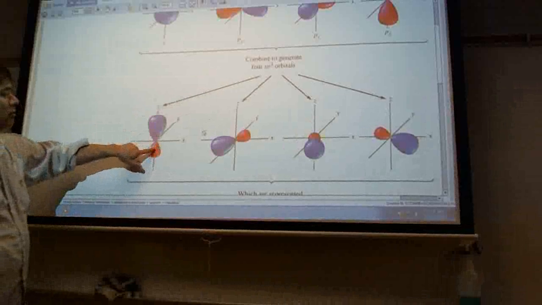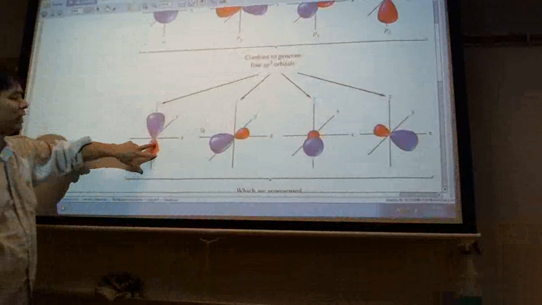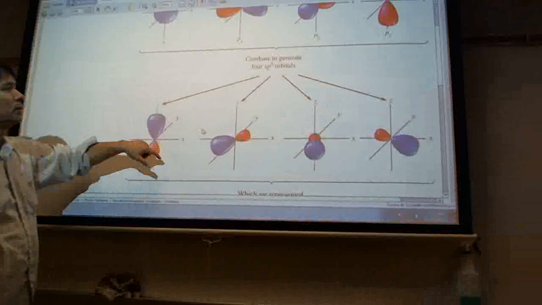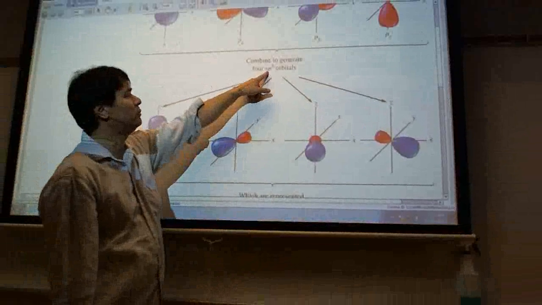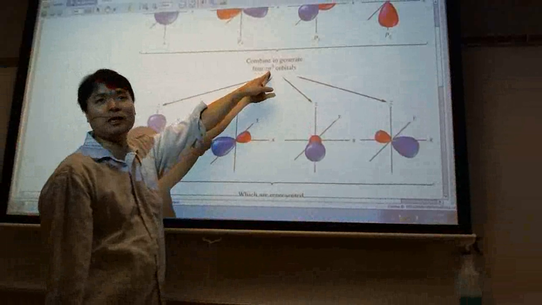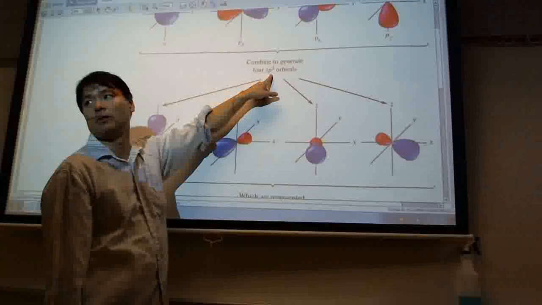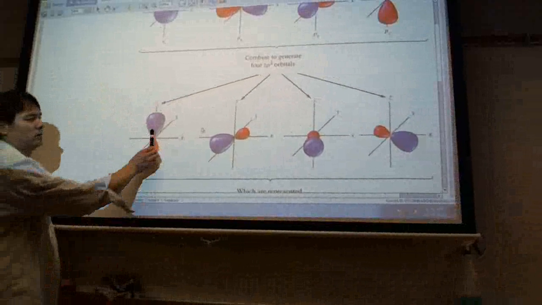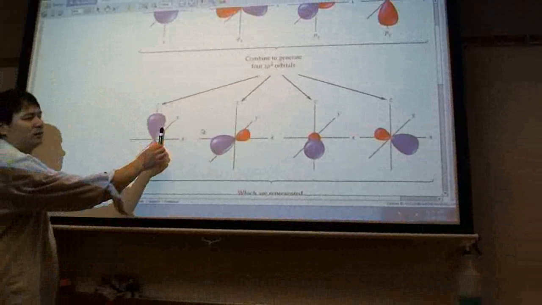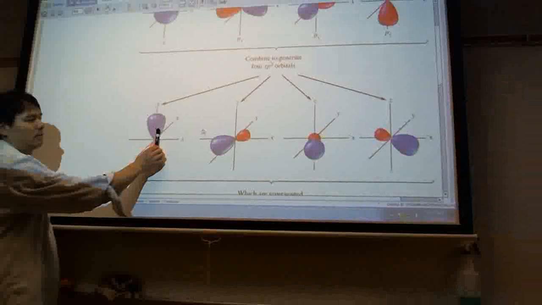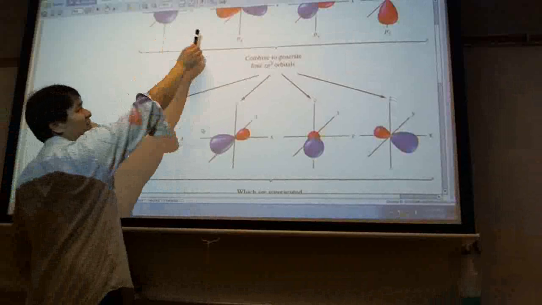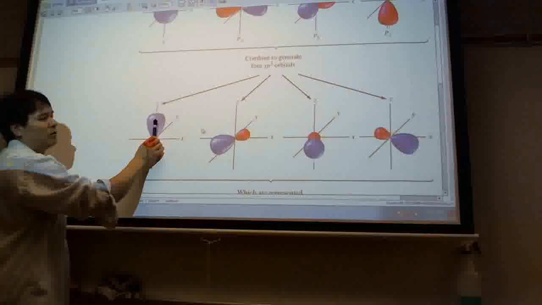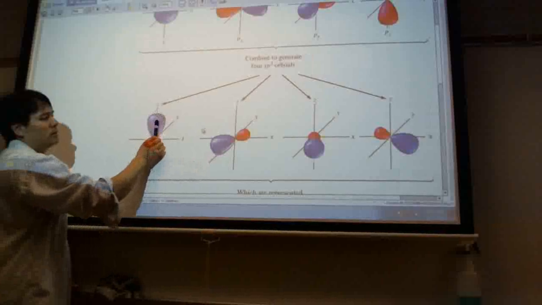Each new orbital here consists of 1/4 S and 3/4 P. And so 1/4 S, 3/4 P, we'll just call it 1 part S, 3 parts P, or an sp3 orbital. And it turns out these 4 new orbitals are equivalent.